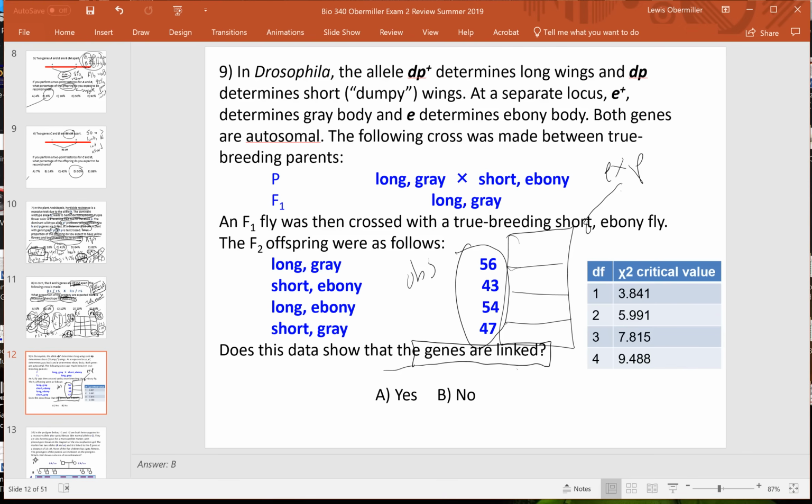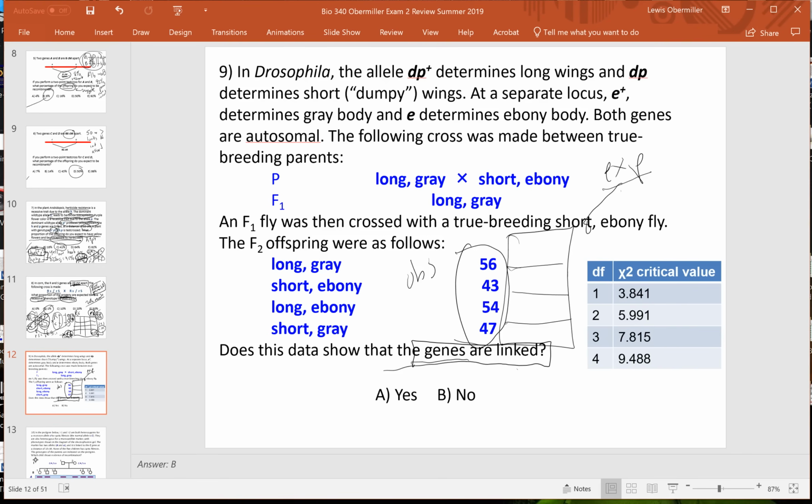So each of these should be 25%. So to do this chi-square, we're going to just see if the genes are not linked, or if they're linked. And the easiest way to do that is to calculate the expected ratios at 25%.